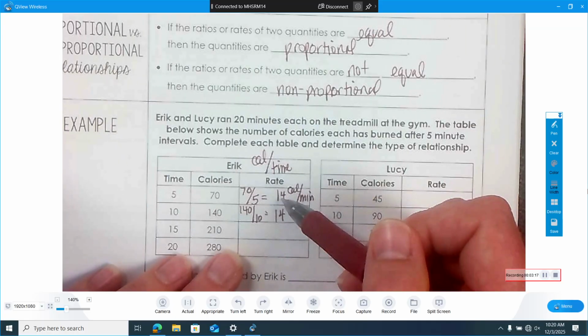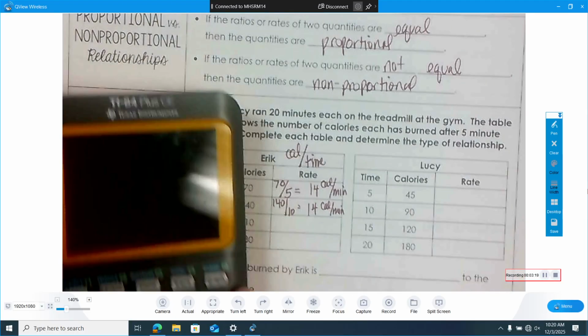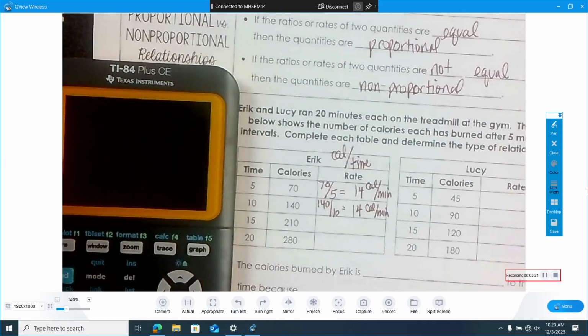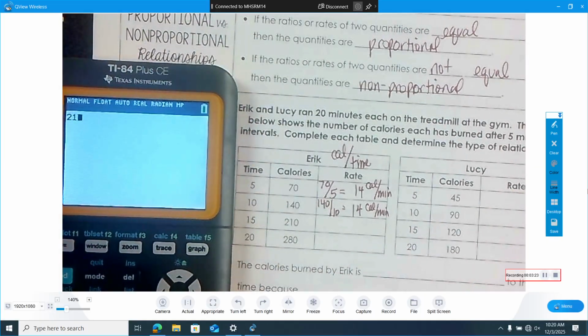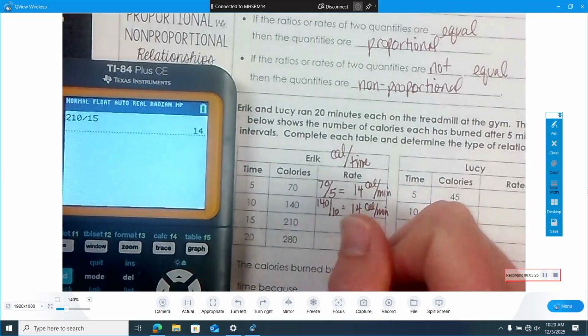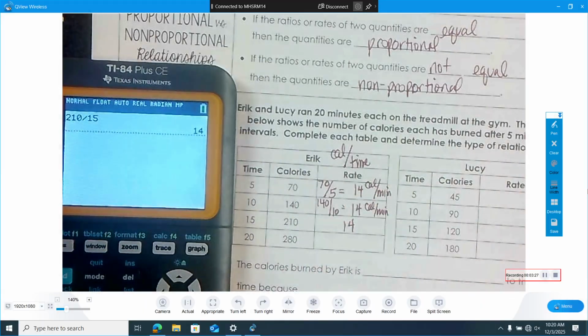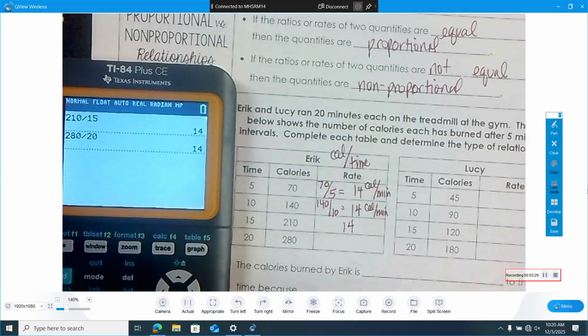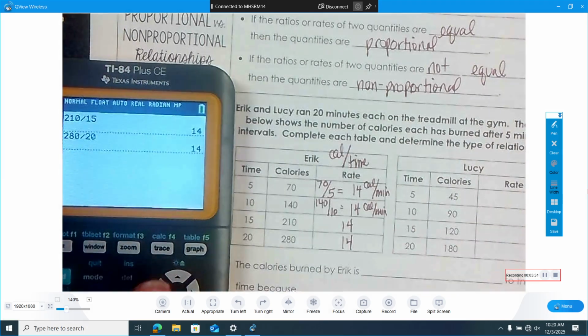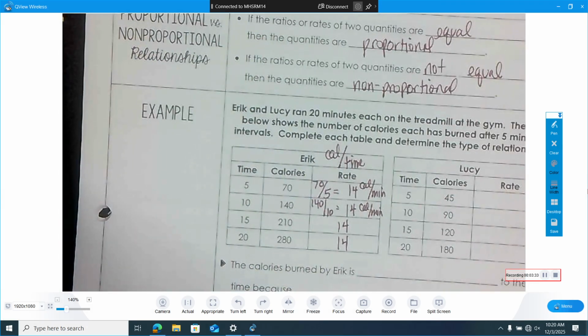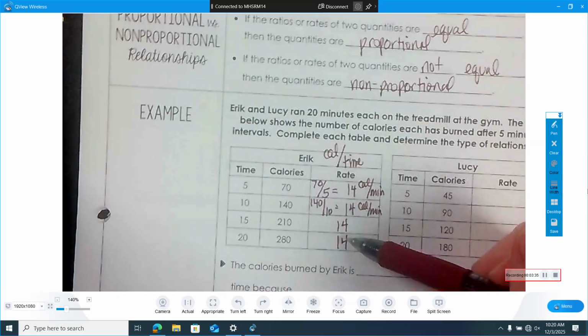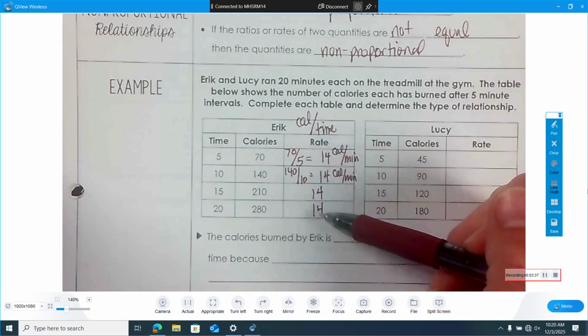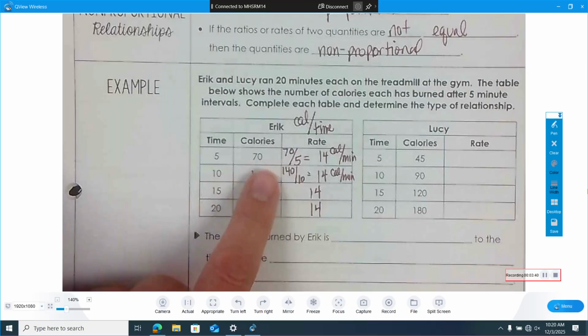How do we get this number, right? But once you've done it a couple times, I can just go to my calculator: 210 divided by 15. Oh, there's 14 also. And then 280 divided by 20. Oh, hey, that's also 14. Okay, so those ratios are the same for every single pair of values.